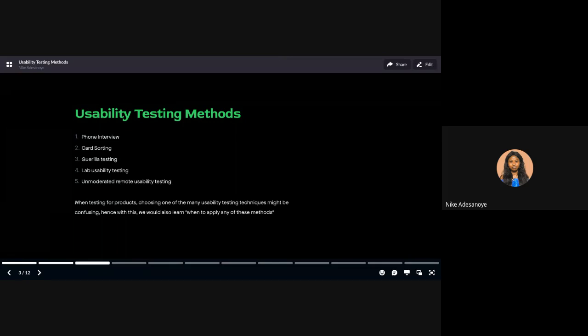So yeah, the methods now, which is the reason why we are here, right? Okay, so I think I gave an instance of the cup the other time. There's something I always want to say. Although we are product designers, UI UX designers, we are digital product designers, right? So we design for web and mobile.